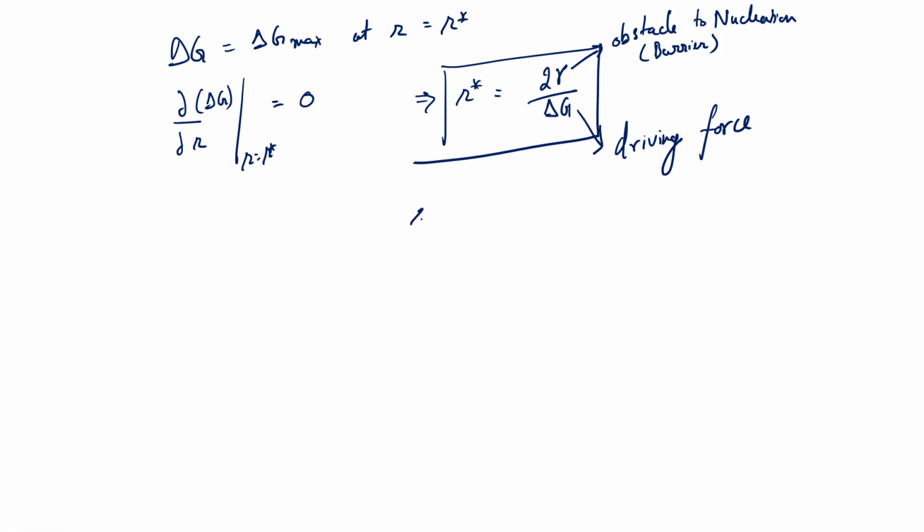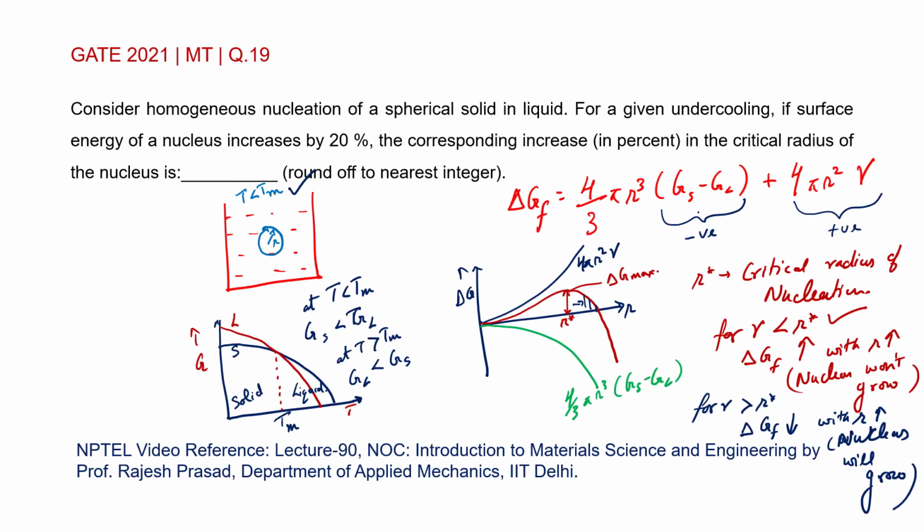So from this expression, I can say that r star is directly proportional to the surface energy, or delta r upon r initial into 100 will be equal to delta gamma upon gamma initial into 100. Okay, so what does the question tell?